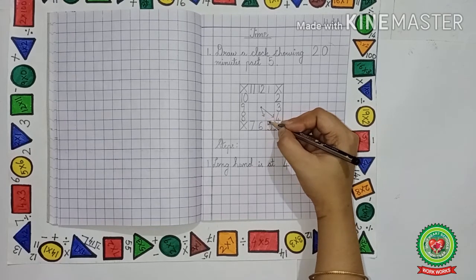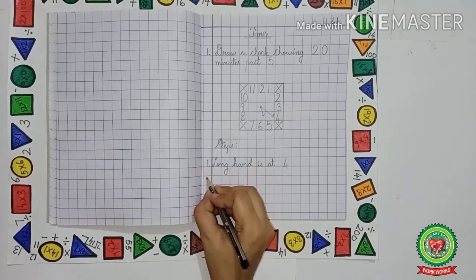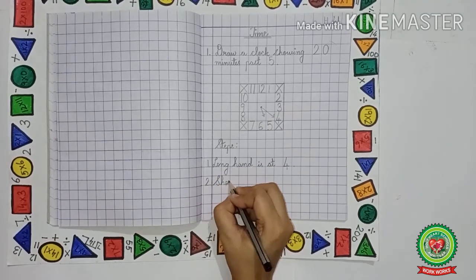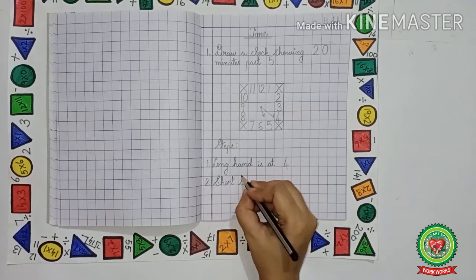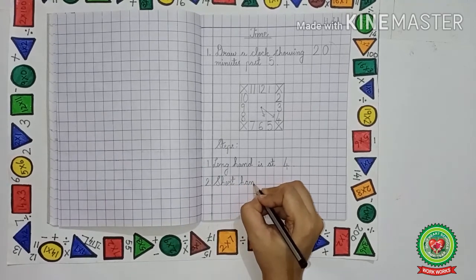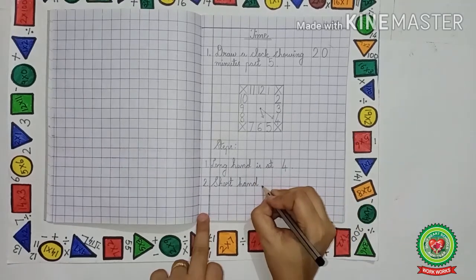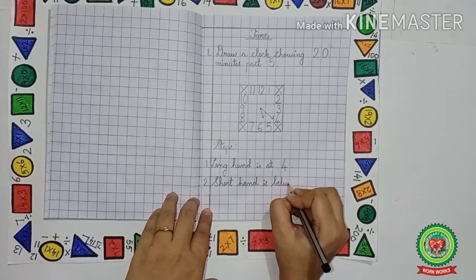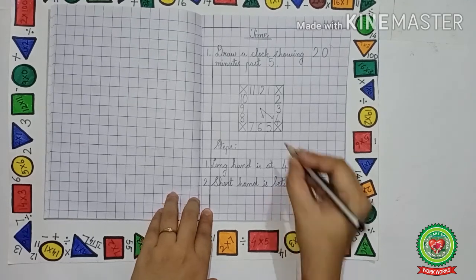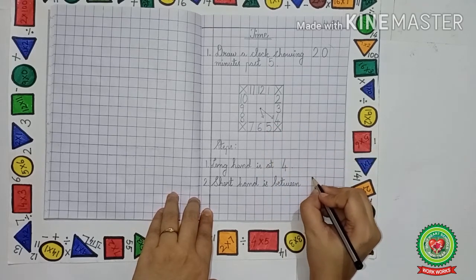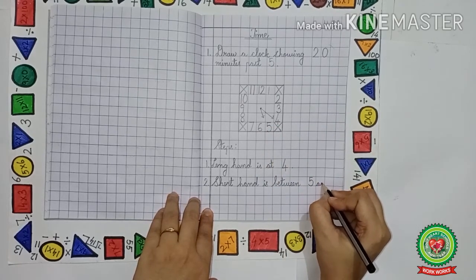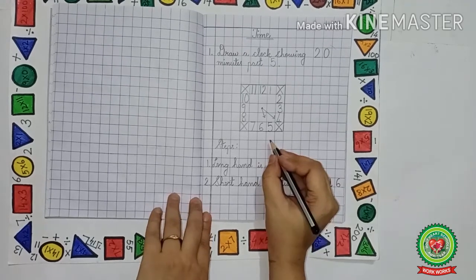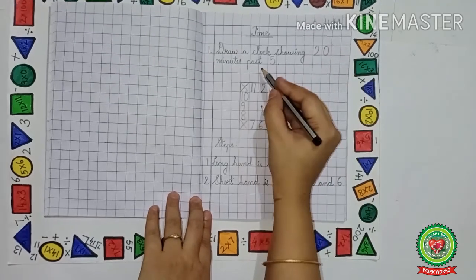That is between 5 and 6. So, next step we will write down: short hand is between 5 and 6. So what is the time? 20 minutes past 5.